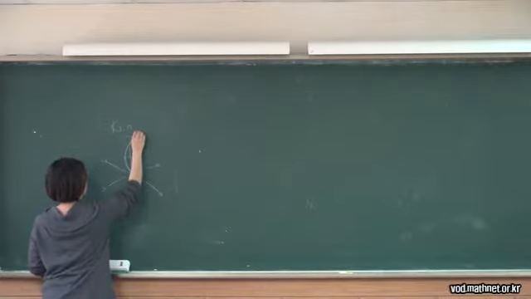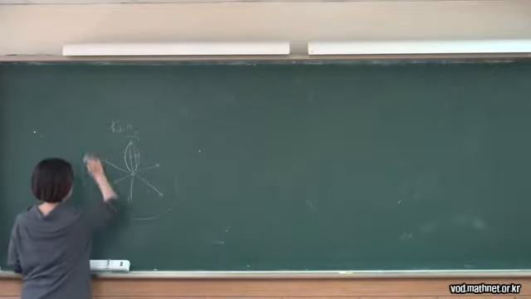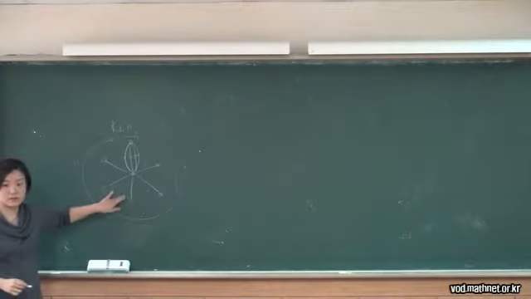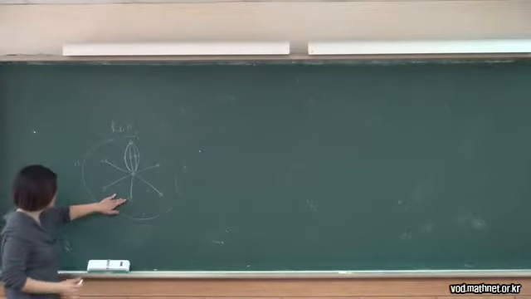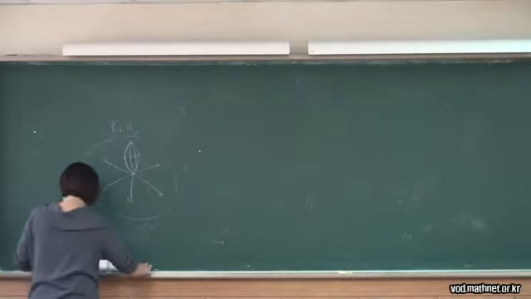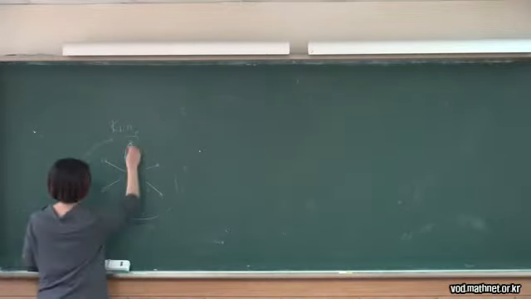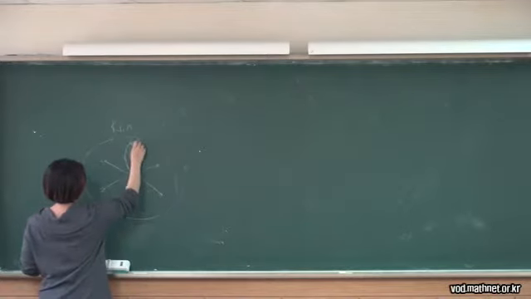So this is n, and you have n leaves here. And why does this graph have constant path width? Because you can define the bags in this way.